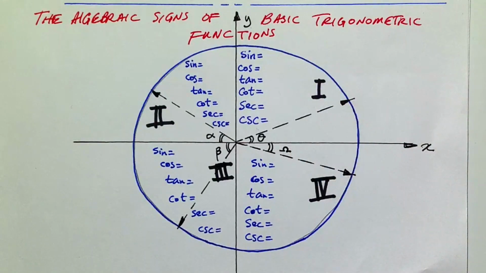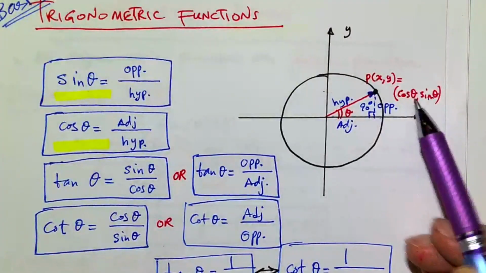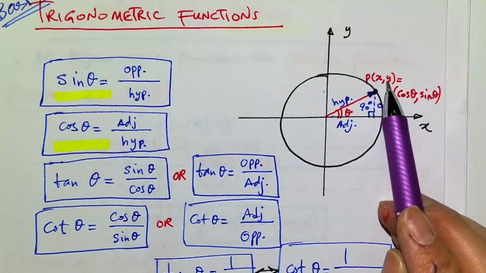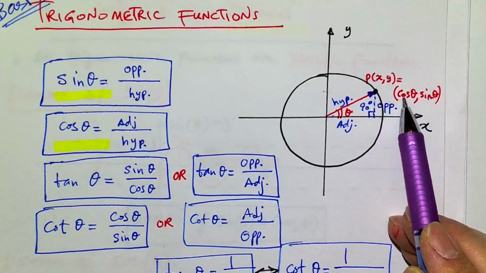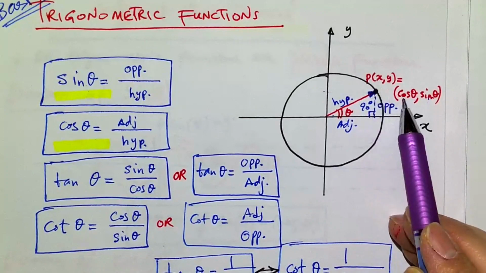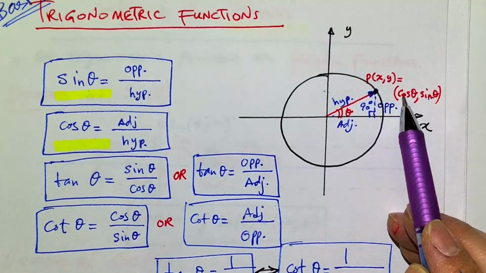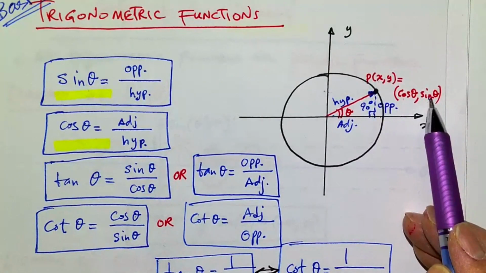When we started this session, I mentioned that cosine is equivalent to x, sine is equivalent to y. So whenever x is negative, cosine is negative. X is positive, cosine is positive. Whenever the y-axis is positive, sine of theta is positive.